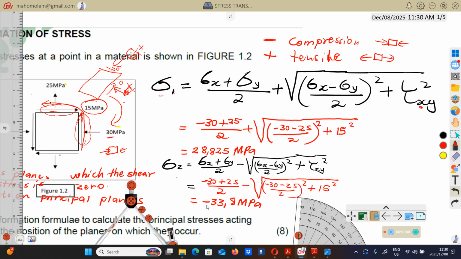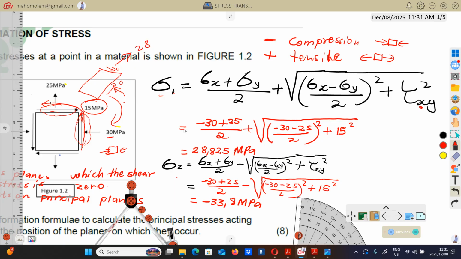But if you get negative here, let's assume that 28 is for here.